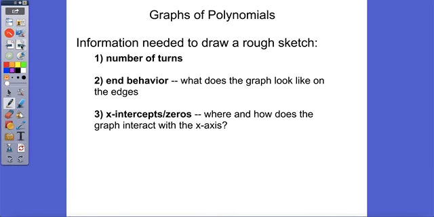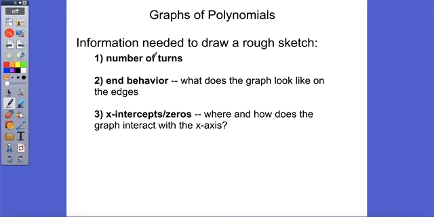Okay, so what we're trying to do here at the end of the day is put together information that allows us to draw a rough sketch of the graph of a polynomial. I call it rough because not every point is going to be exactly in the correct spot, but we're going to use certain characteristics of these polynomials to create that rough sketch.